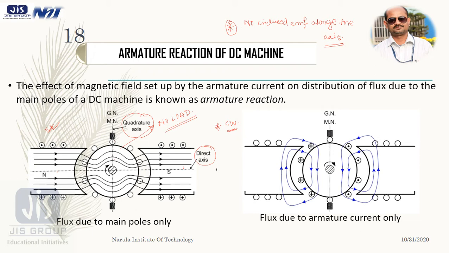Okay, and this axis is called the magnetic neutral axis, or MNA. So this is where there is no induced EMF along the axis. Now this magnetic neutral axis is perpendicular to the axis of flux line.